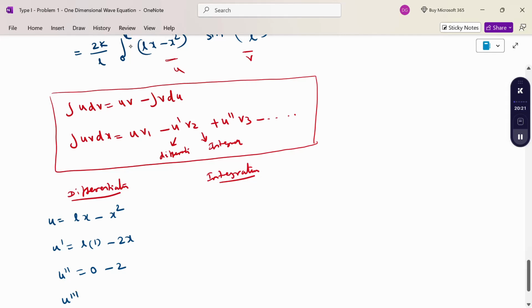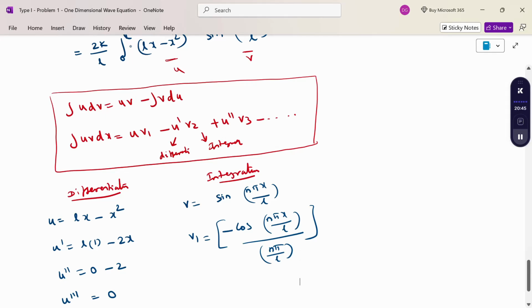Then again the derivative of this is 0, u triple dash is 0, and it goes on. Now v is sin(n pi x by L). When I integrate this, v1 is minus cos(n pi x by L) divided by n pi by L.